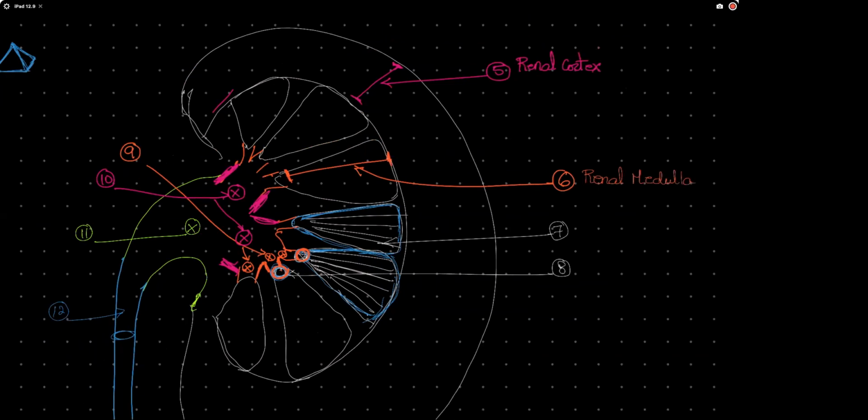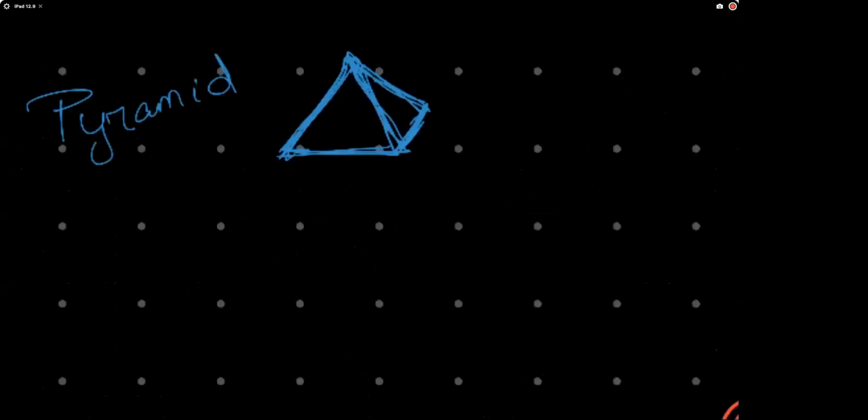Great, great. So looking here at the junction between the renal cortex and renal medulla, we're going to see those triangular shaped structures. Remember, those are not triangles, those are pyramids, but we are just looking at one side of them.